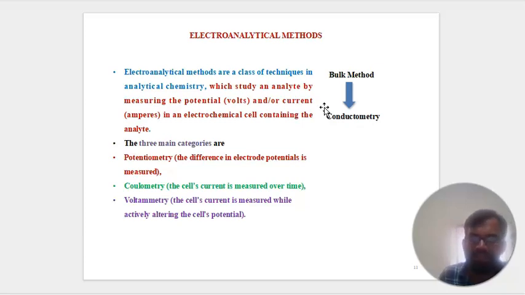So there are three main categories: potentiometry, where the difference in electrode potential is measured; coulometry, where cell current is measured over time; and voltammetry, where the cell current is measured while actively altering the cell's potential. Then bulk method is conductometry.